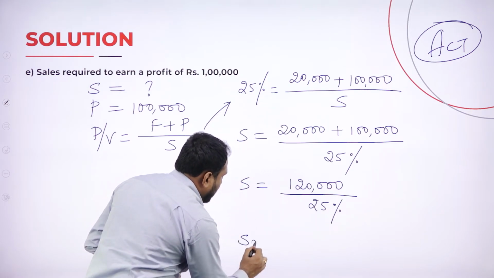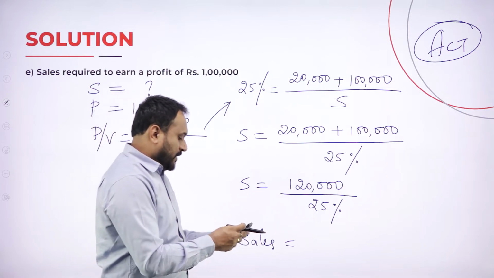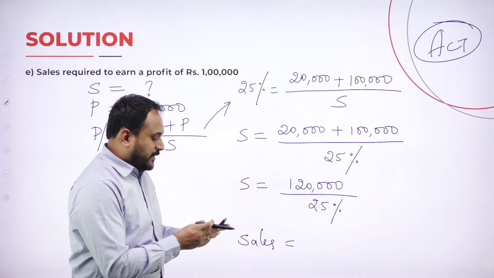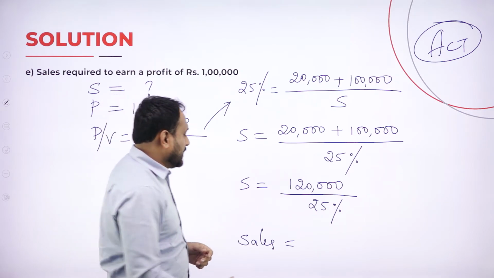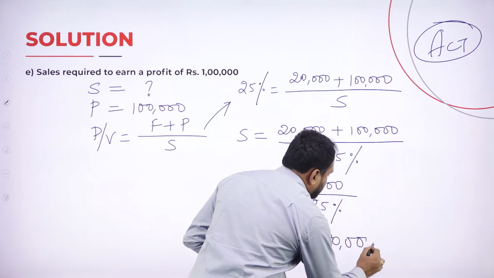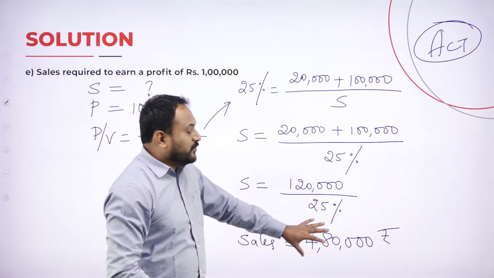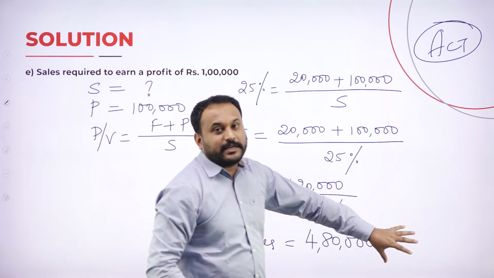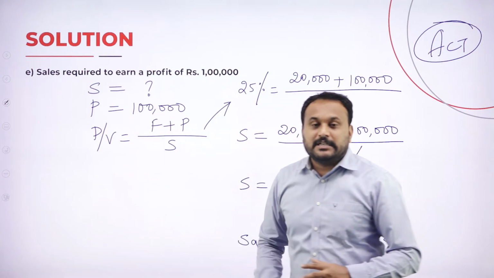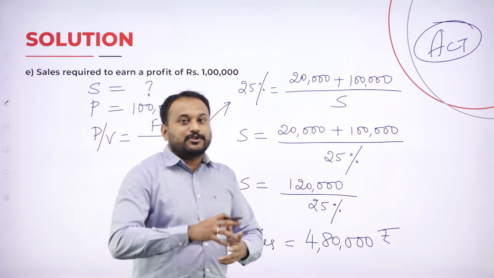So my sales is equal to, now take your calci, 1,20,000 divided by 25%, it is 4,80,000 rupees. So we got sales is equal to 4,80,000 rupees. So that means whenever we make a profit of 1 lakh rupees, the sales will be 4,80,000 rupees.